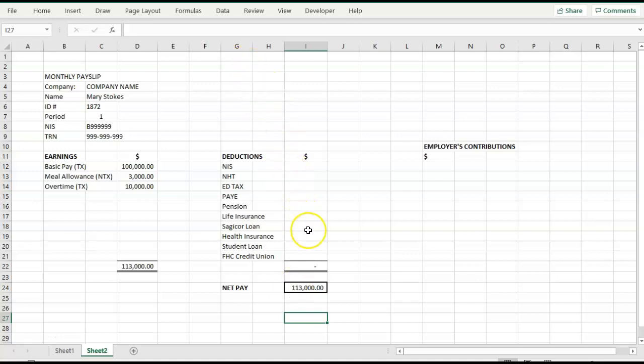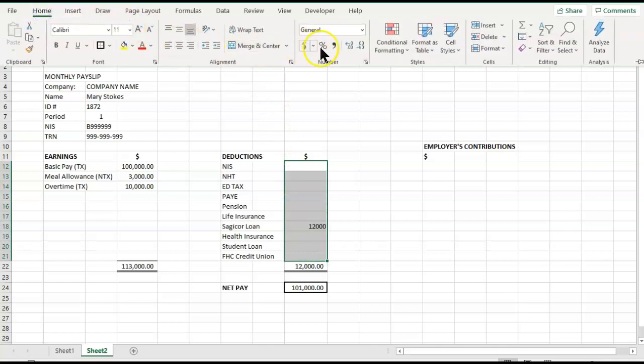The next thing I'm going to do is to put in the loan deduction. So for the Sagicor loan, let's say the loan repayment is $12,000 per month. Notice that the net pay starts shrinking, unfortunately.